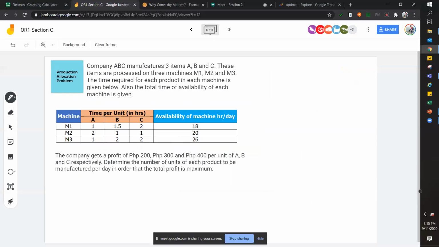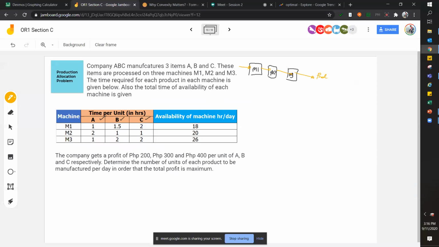Ayan, may nagmamanufacture daw yung isang kumpanya ng 3 items. We have A, B, and C items. Then, nagra-run sila sa 3 machines. So, parang ito, M1, M2, M3. So, parang ito yung machine, ito yung product 1, nadaan dun, tapos na.